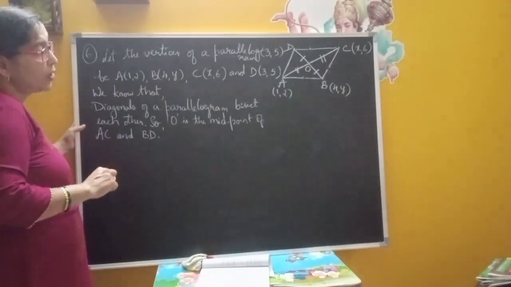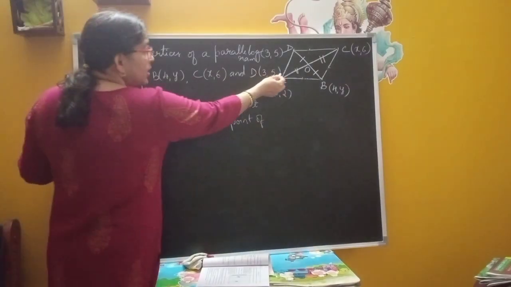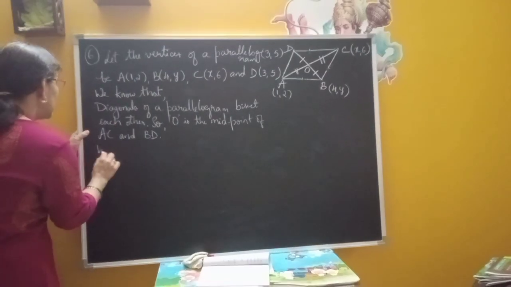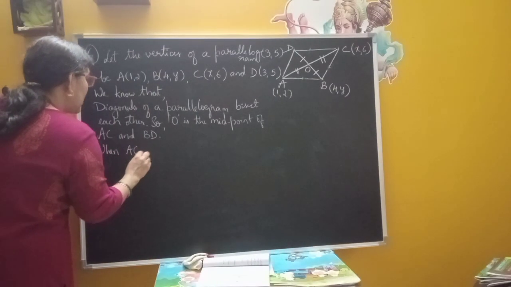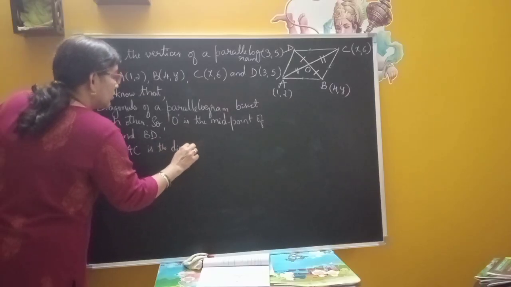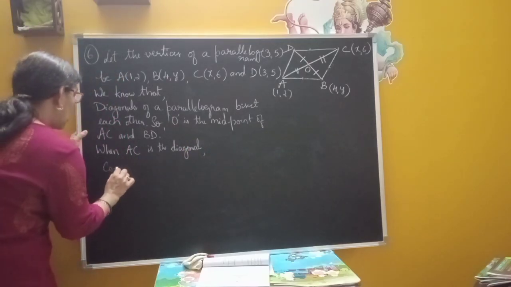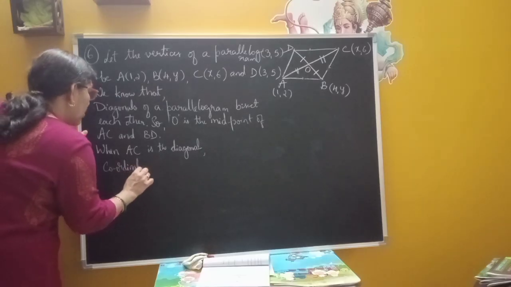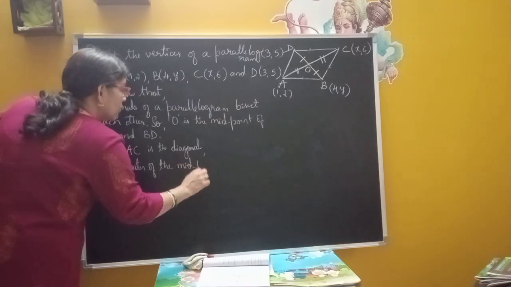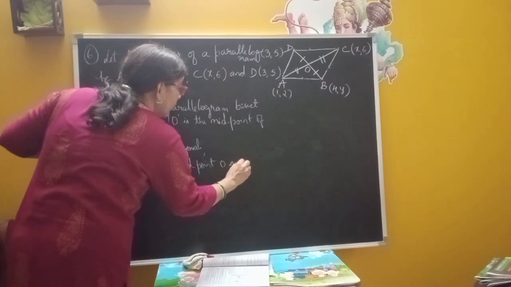What is the midpoint formula? That is (x1 plus x2) by 2 and (y1 plus y2) by 2. Now let us consider AC as the diagonal and O as the midpoint. When AC is the diagonal, the coordinates of the midpoint O are, how do you write now?